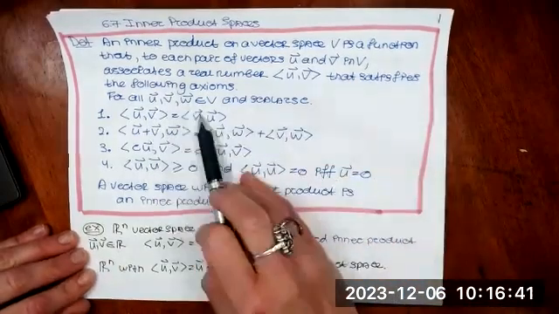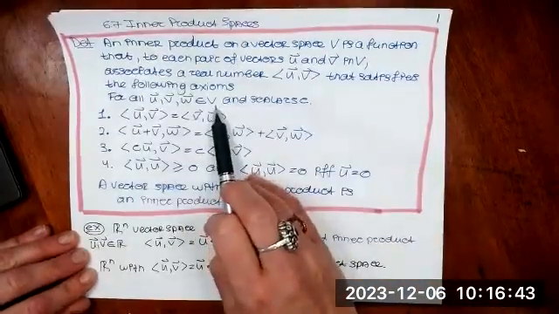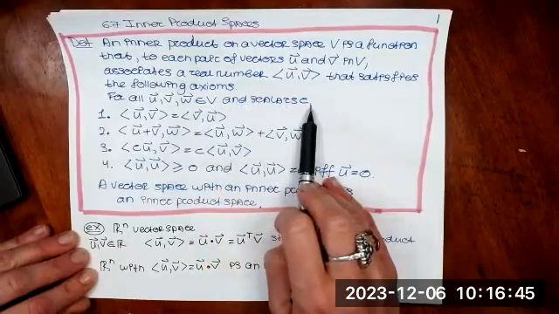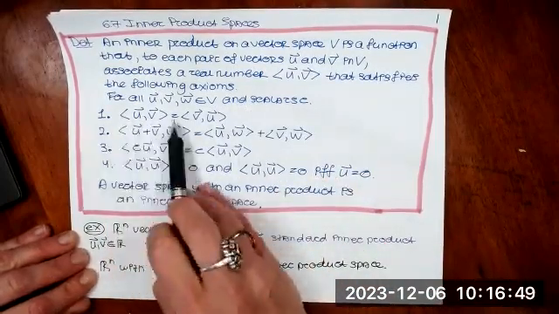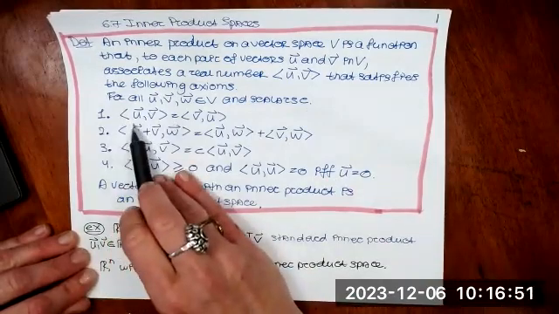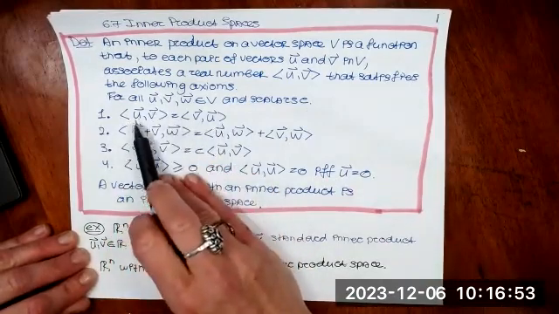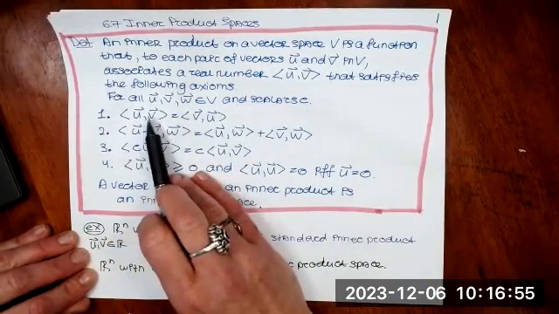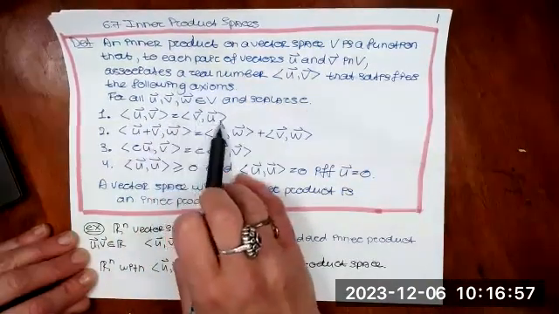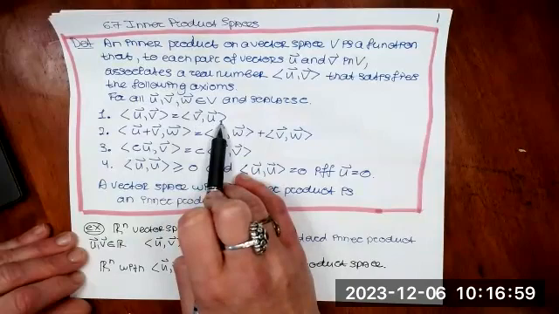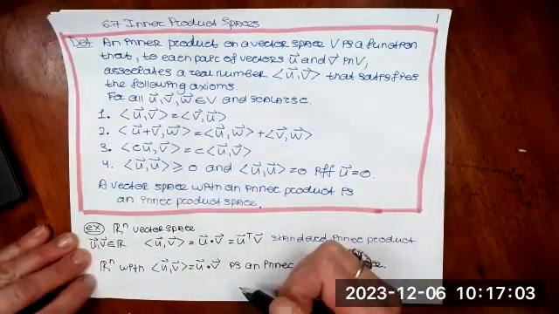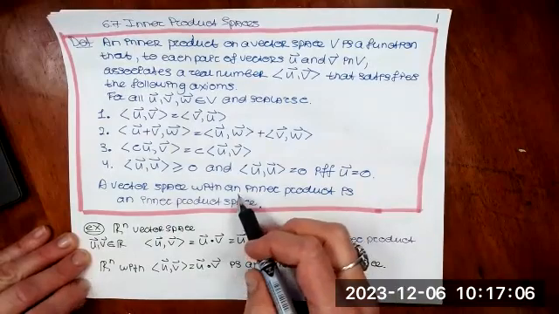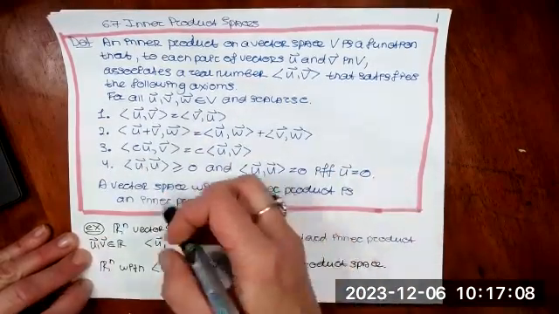If I have any 3 vectors in the vector space V and some scalar C, the first property is that I want it to be commutative. So U inner product V is V inner product U. My dot product did satisfy this property: U dot V is V dot U.